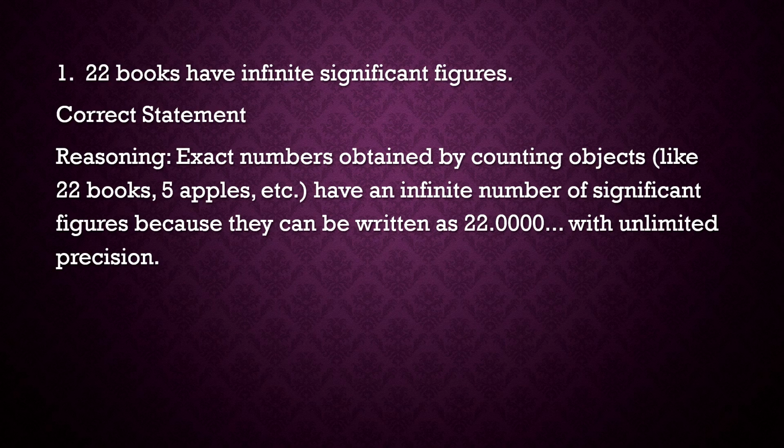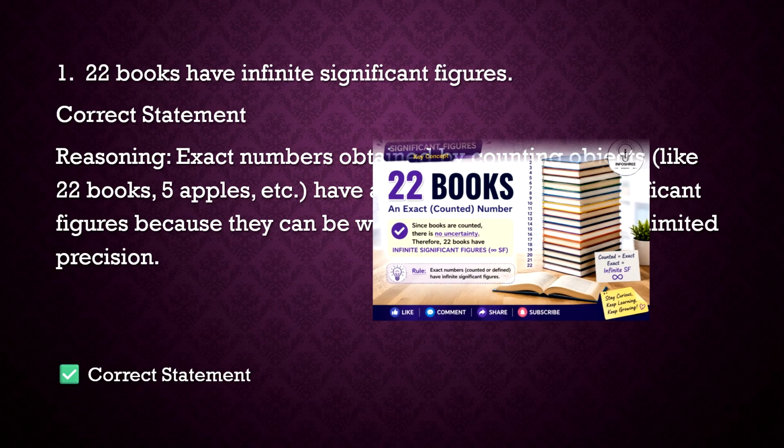As I said in the rule, here there is a decimal and the zeros are on the right side, so these are unlimited. So the statement that 22 books have infinite significant figures is correct.